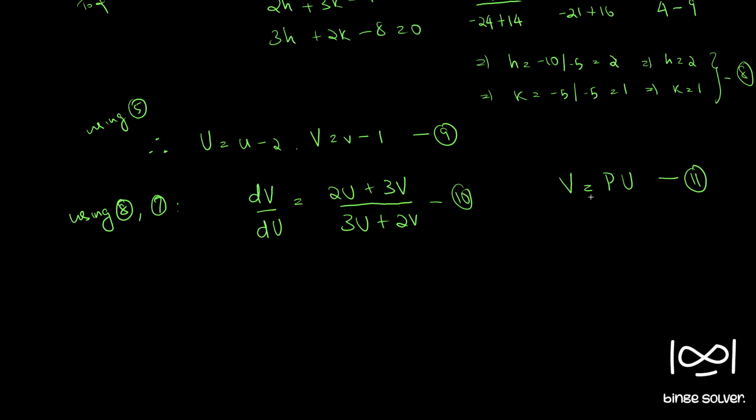Now differentiating 11 with respect to u on both sides, we get dv by du is equal to p plus u into dp by du. Let's call this equation 12.